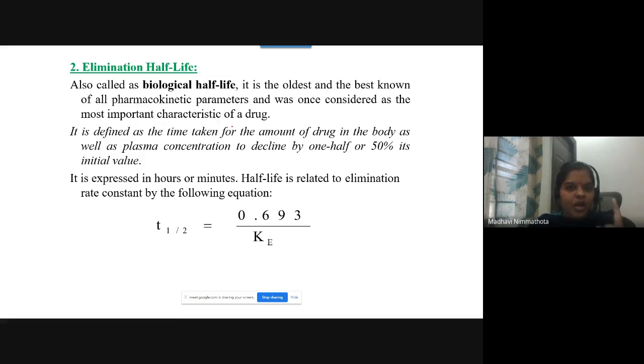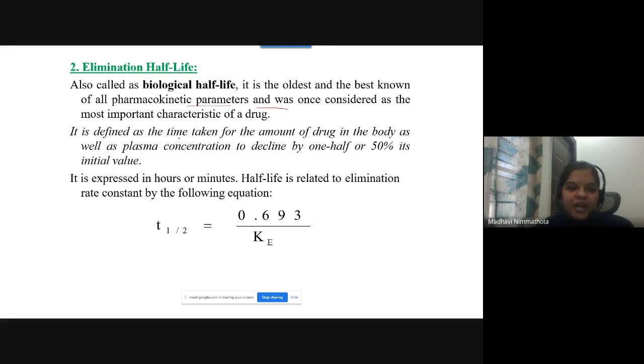I already told you this half life in the case of first order kinetics. The derivation is the same as that of first order kinetics. What do you mean by elimination half life? It is also called the biological half life. This is the oldest and the best known of all the pharmacokinetic parameters.